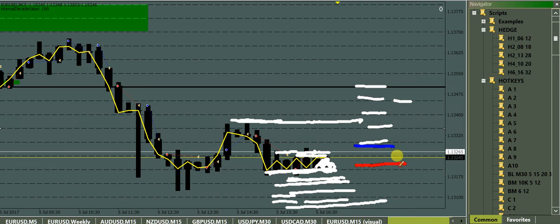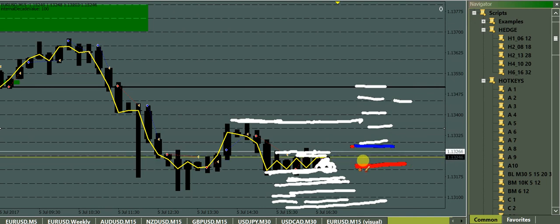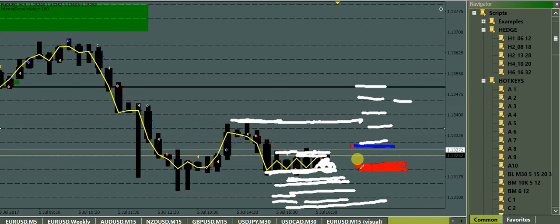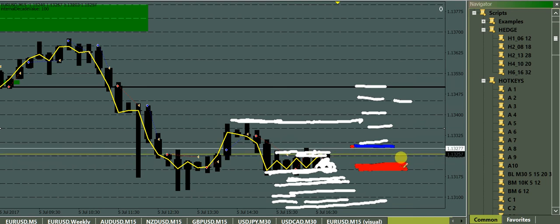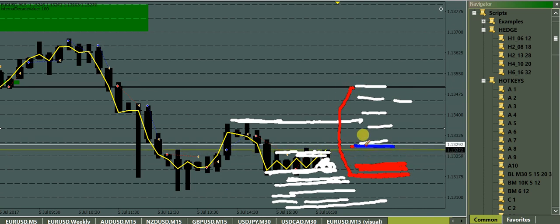So you have a hard stop, or it's hardish. Maybe you give a little bit of breathing room, or maybe this stop is connected to this top ticket, and the ratios are still pretty decent.